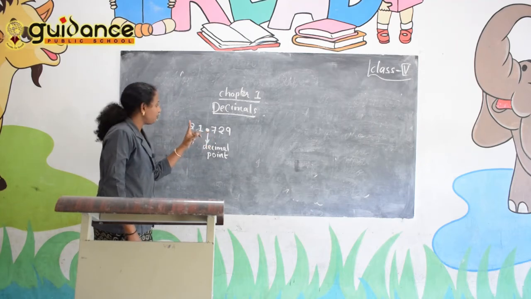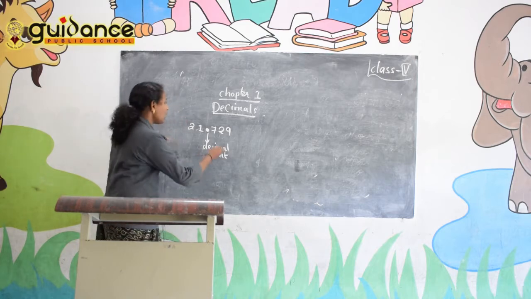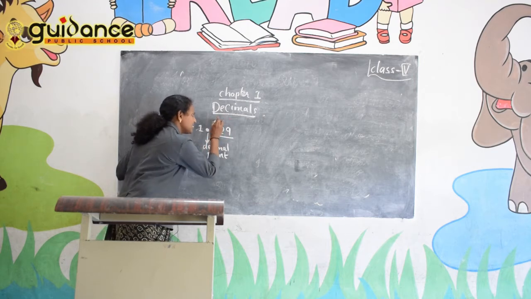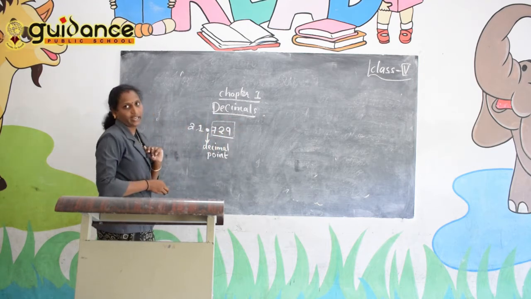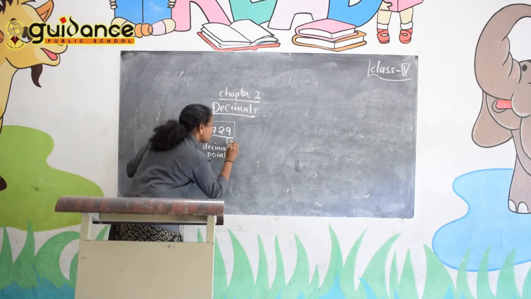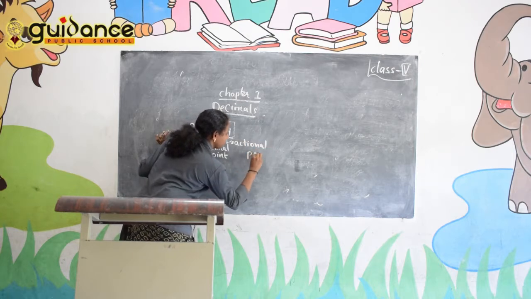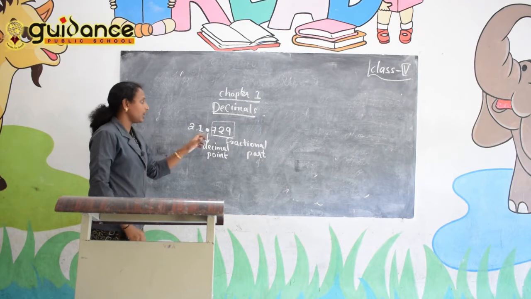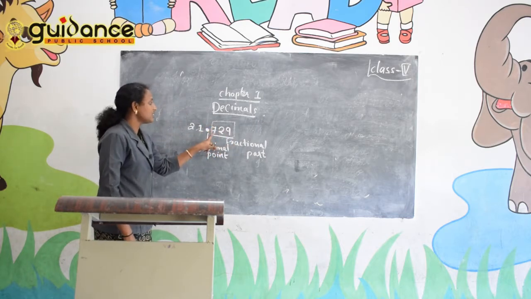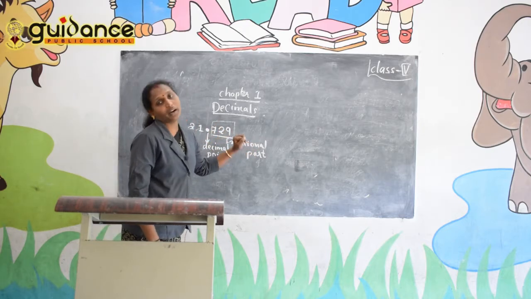And this dot has some digits before and after it. The digits after the decimal point, that means 7, 2 and 9, are known as the fractional part.